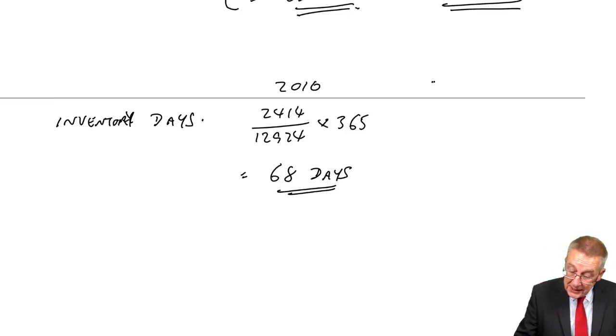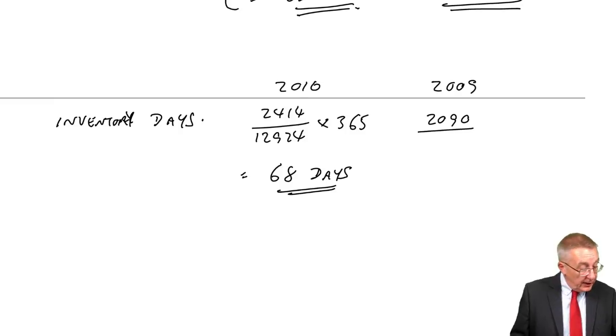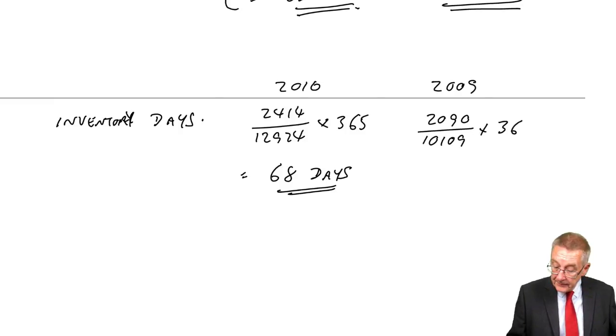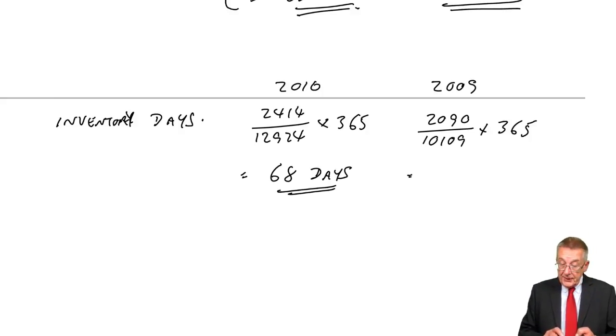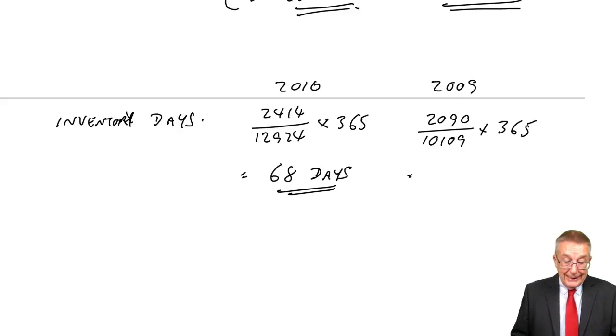Whereas in 2009, inventory 2090, cost of sales 10109. 2090 divided by 10109 times 365. 75 days.